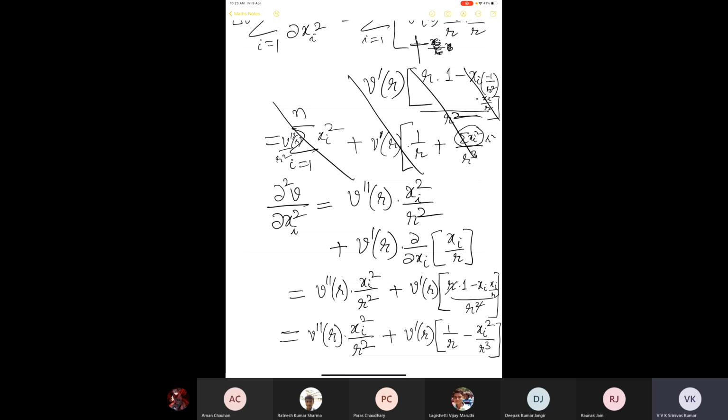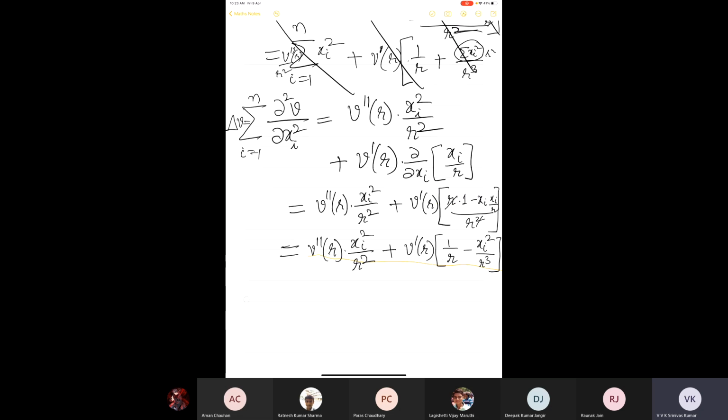So now do the summation with i equal to 1 to n, to get the Laplacian of v. That summation will fall here also, here also, here also. So that will give us v double prime of r, and this is r square, so this and this cancel, plus v prime of r.